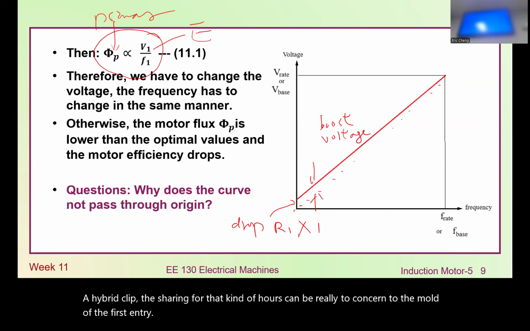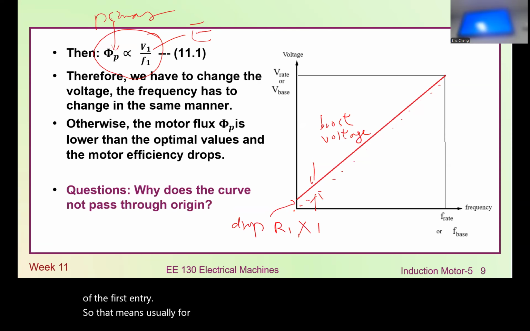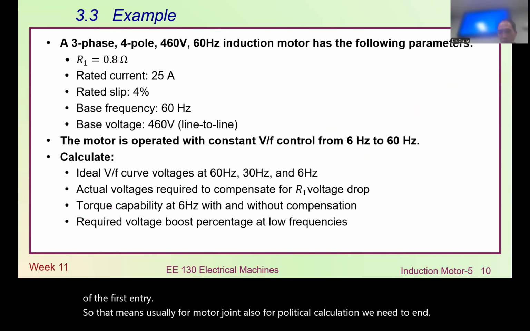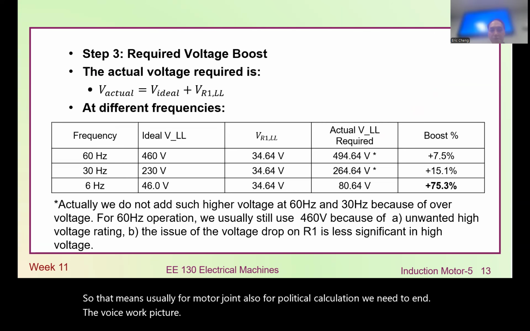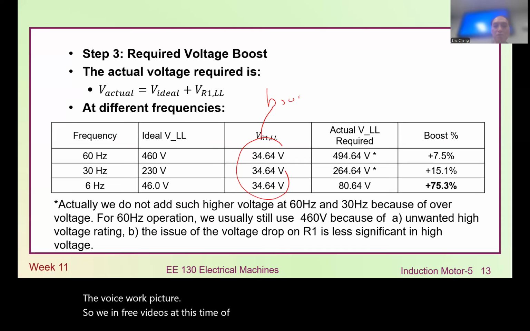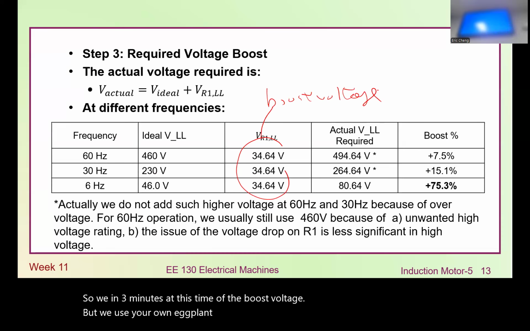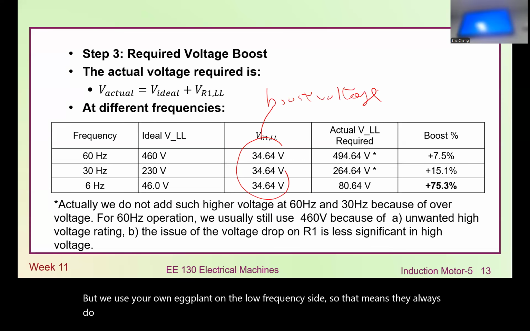So usually for a motor drive, although for theoretical calculation we need to add the boost voltage, we usually only add it on the low frequency side. We do not add such high voltage at 30 or 60 hertz because we may have overvoltage.